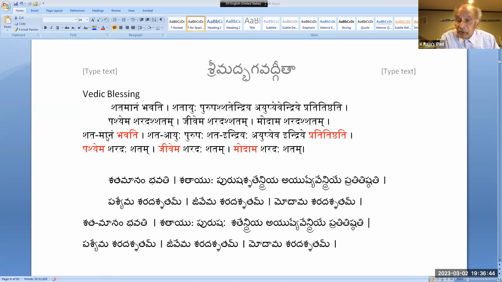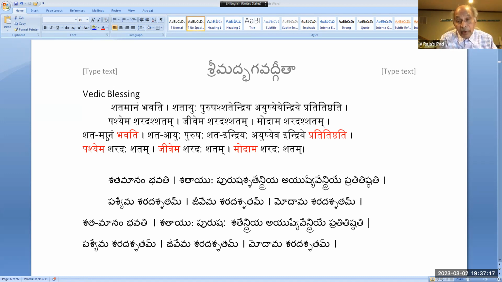When the child is hungry, or when a grown-up child is hungry, mother looks at his tummy and serves the food. So mother doesn't care how much money the child earns, and she feeds without questioning. And the Shatamanam bhavati. Ma is to measure.